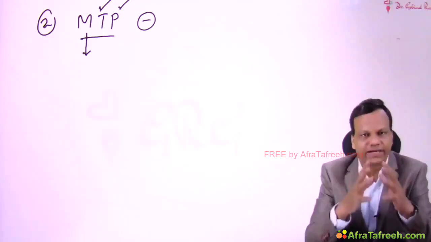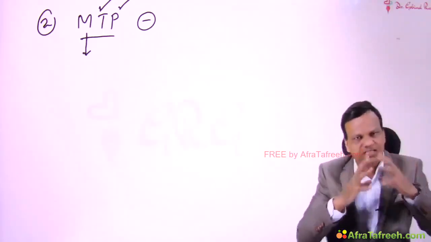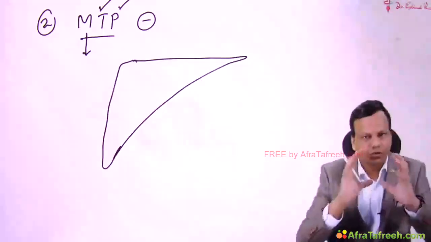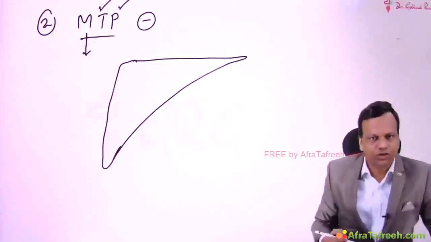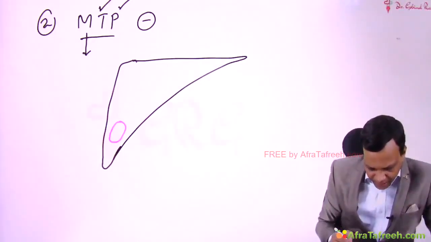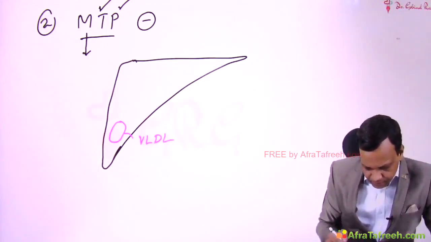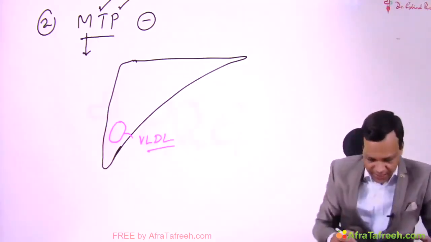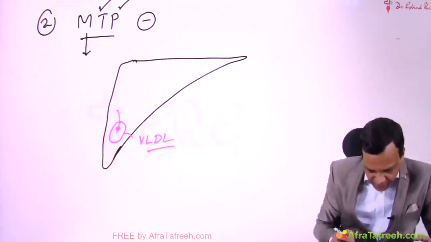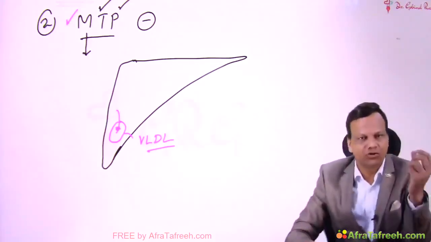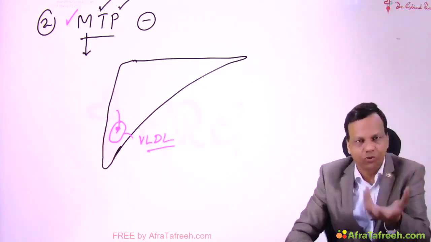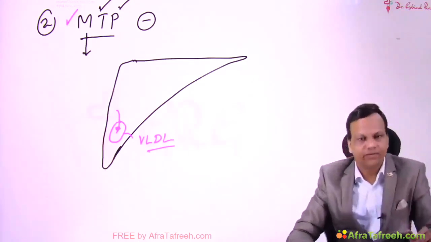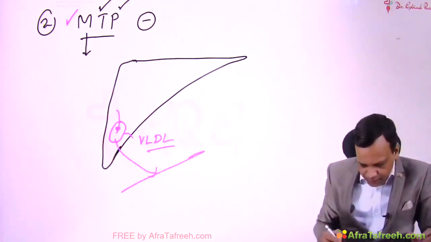What this protein does is, in our liver, whatever excessive cholesterol is present will be packed in VLDL. VLDL contains cholesterol and triglycerides. Triglycerides are packed in the VLDL with the help of this protein, microsomal triglyceride transport protein. The name says it will transport the triglycerides into VLDL, and then this VLDL will come into the blood.